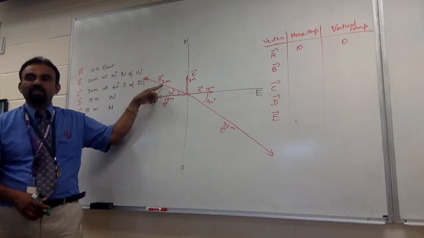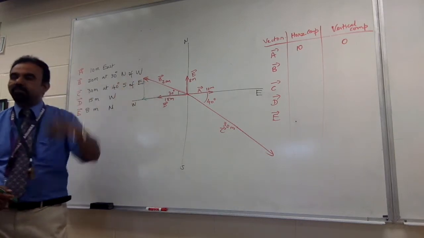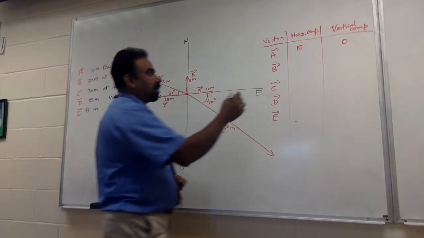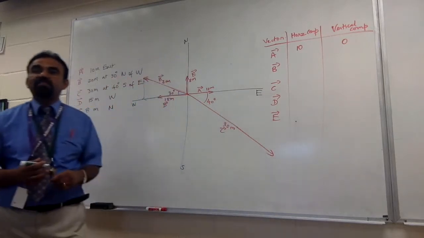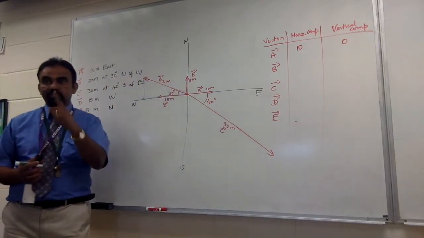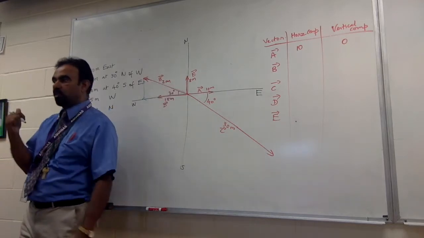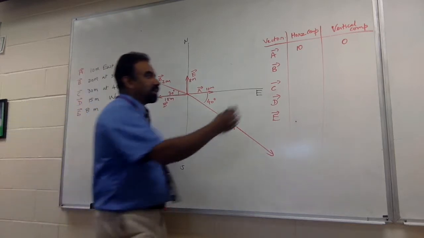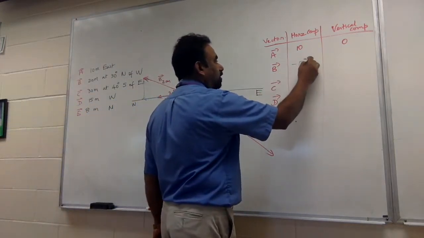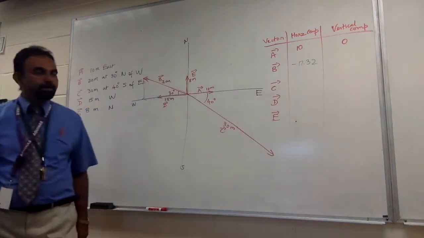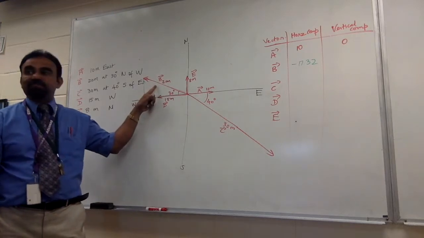So 20 cosine 30, what is it? 17.32. Which way? Is it in the positive direction or the negative direction? So you put negative. Negative 17.32. Now how much of this is vertical?